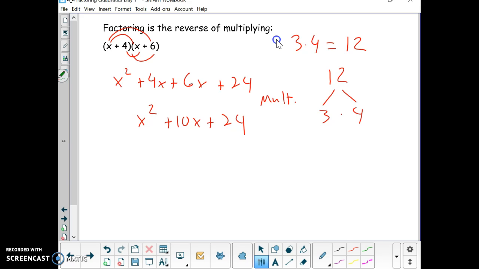The factoring takes this trinomial, 3 terms, and breaks it apart into 2 things multiplied together. An x and an x makes x squared, and then 4 and 6 gets us 24 at the end, and gets us a 4x and a 6x to make a 10x. So that process right here, we break that up.